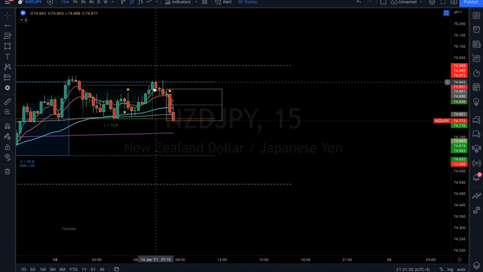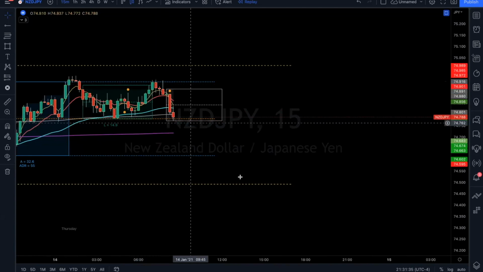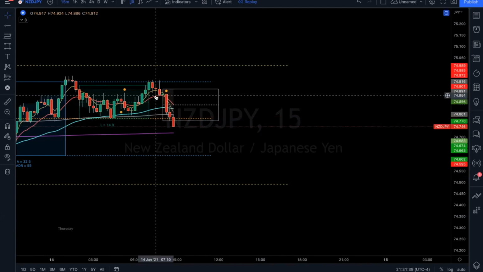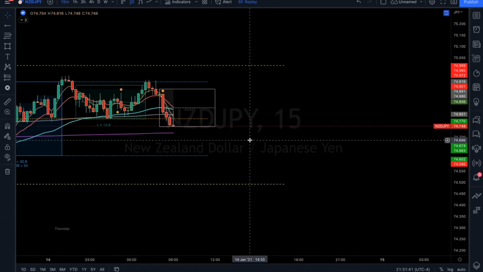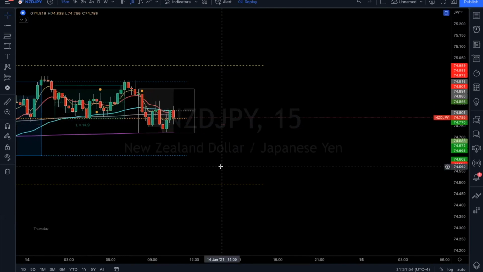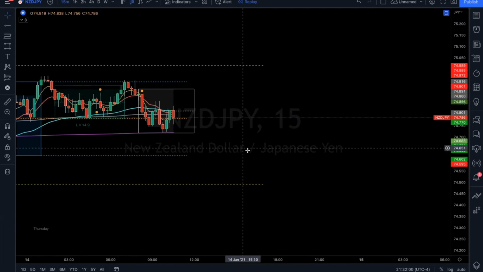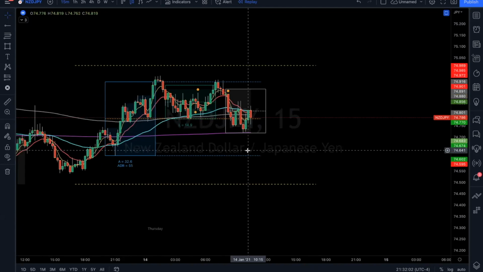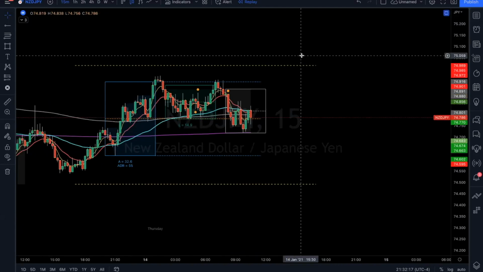That would have been a good second leg here. This is right at 7:15 though. So what's the only option here for a setup in the New York session then? Continuation. In what direction?